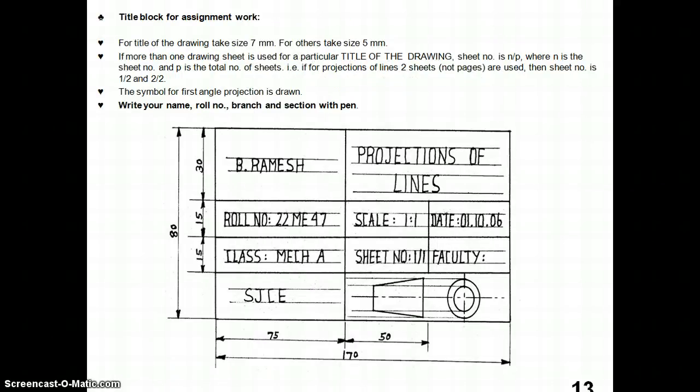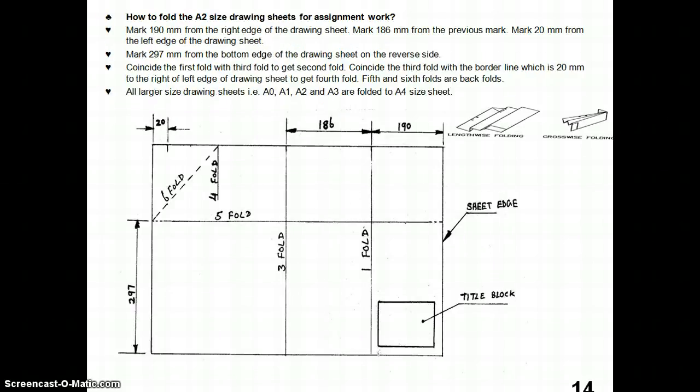The title block contains the name and the title of the chapter. For academic purposes, students should mention the roll number, the class, the scale, and whether it is first angle or third angle projection, specified in the bottom right corner.